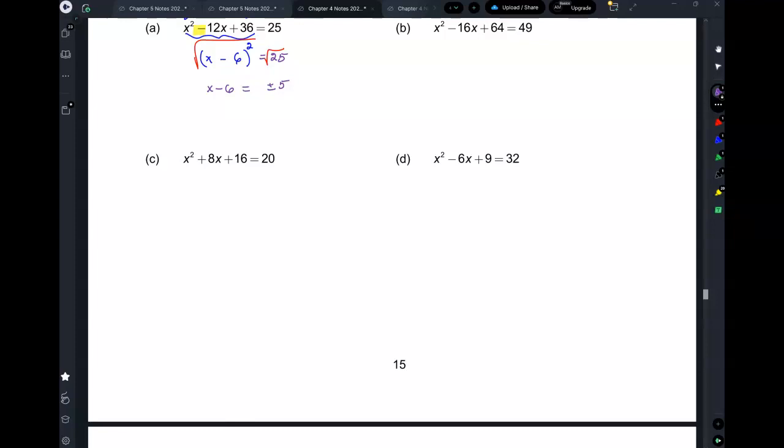Now I need to get rid of the 6. What am I going to do? Add 6 to both sides. So x is 6 plus or minus 5. When there are no square roots anywhere, you have to go further and simplify. So this will be 6 plus 5, 6 minus 5. So what will 6 plus 5 be? 11 and 1.